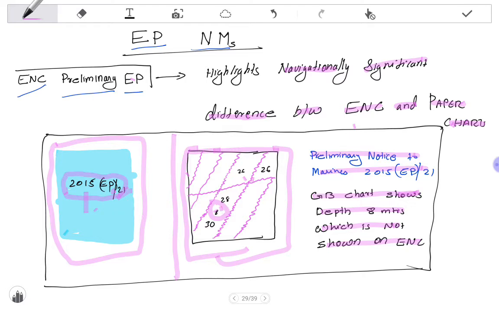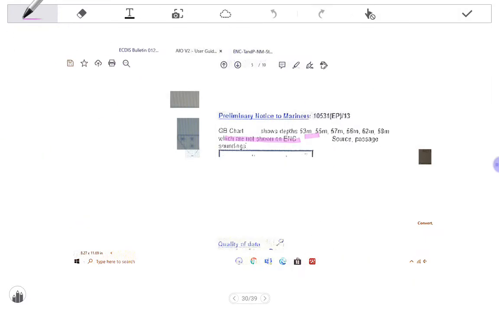From a navigational point of view, that is very significant, and that difference will be highlighted by the ENC preliminary notice, or EP notices to mariners. When you do the pick report option, this is how the EP notices to mariners will display.